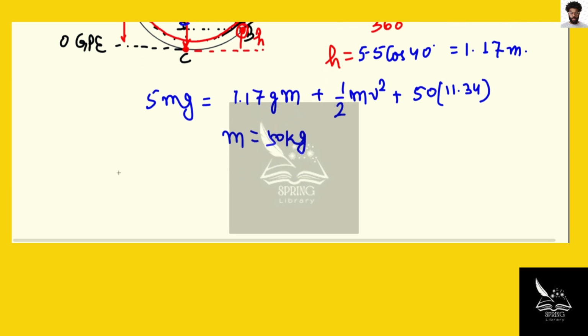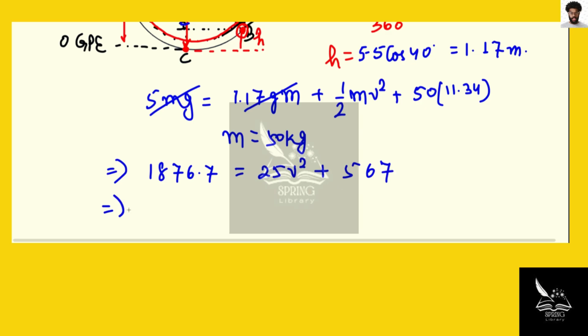So we're going to get 5 times 50 times g minus 1.17 times mg, which will come out to be approximately 1876.7, and that's equal to 25 v square plus 50 times 11.34, that's 567.